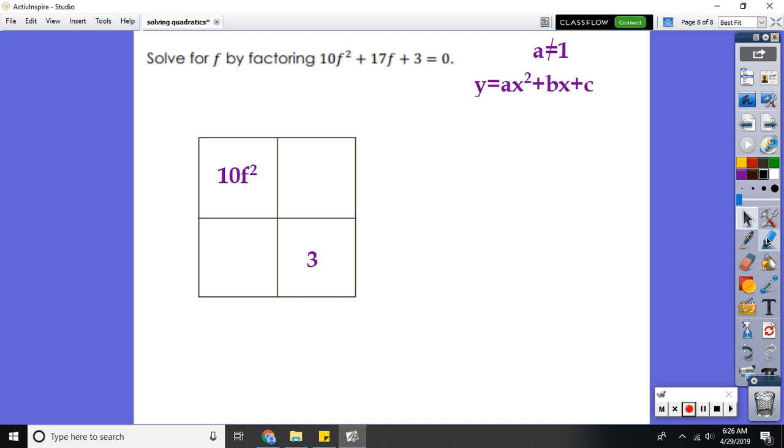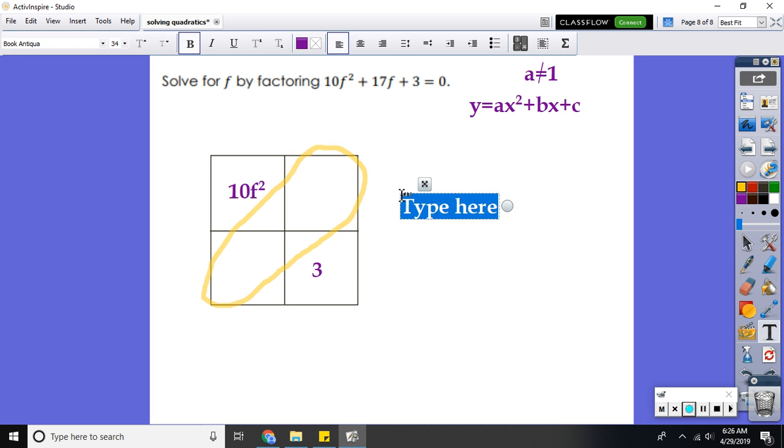And what I have to do, as seen in the previous video, is these 2 boxes have to fall under 2 conditions. They have to have a specific product and a specific sum.